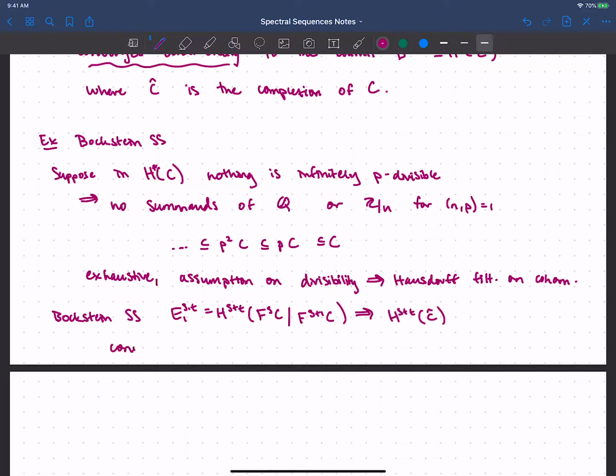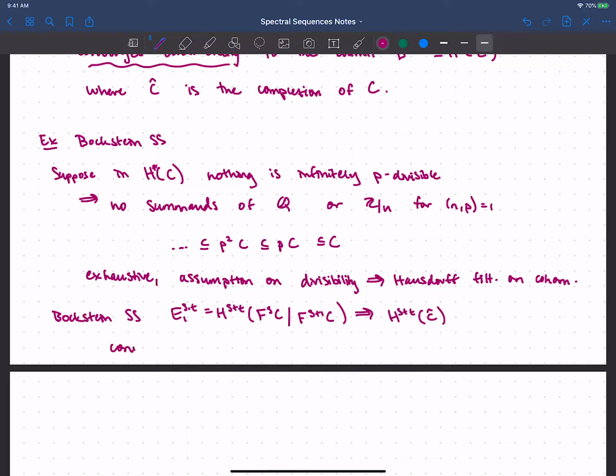And the reason is, well, our typical example where we use this is where C is actually singular cochains on X, and then the cohomology of this is just the cohomology of X. Well, I guess I can write that. But often this is finitely generated.